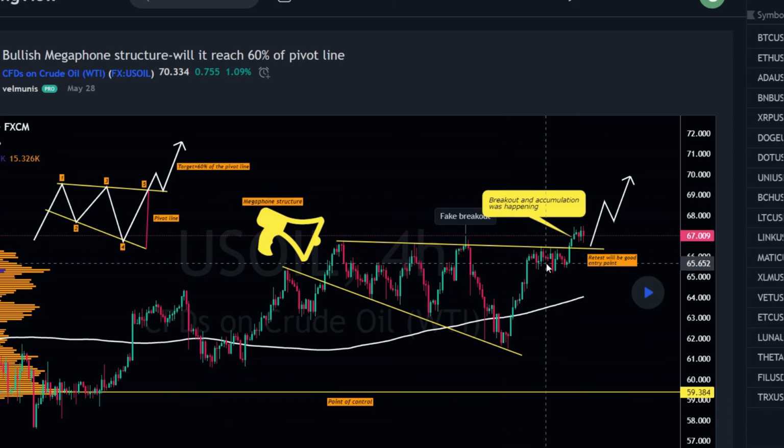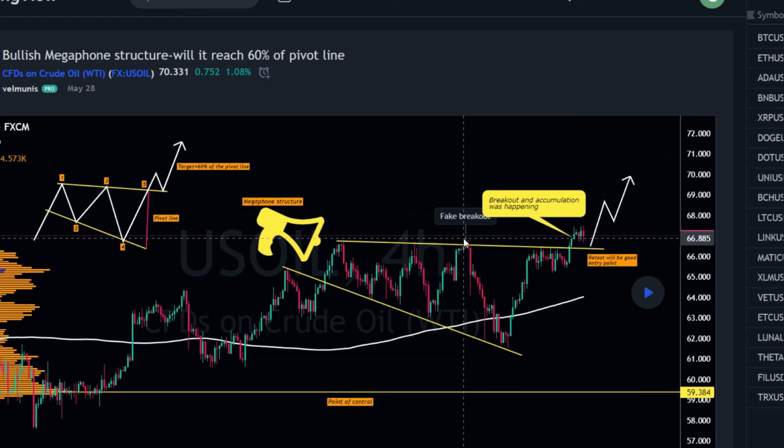As you can see, he's labeled it, and he planned his execution extremely well. So you've got a breakout and accumulation was happening. He recognized this was a perfect opportunity, and the retest would be a good entry point. He noticed that there was a fake breakout. He didn't enter there, and that's why you've got to be so careful.